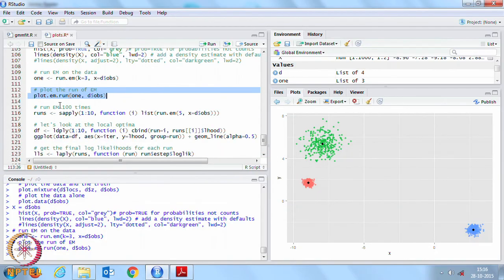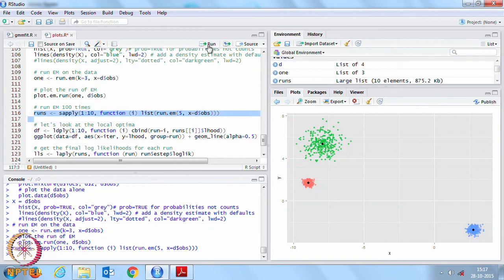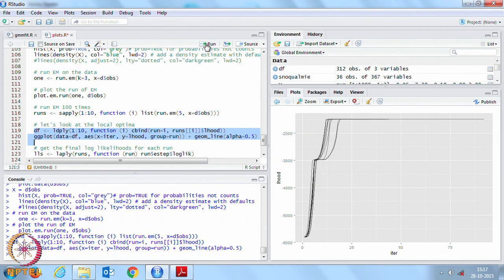Okay. And now let's run it 10 times and plot it. So, I ran EM 10 times, and what I am plotting here is on the x axis we have iterations, and on the y axis we have the likelihood.